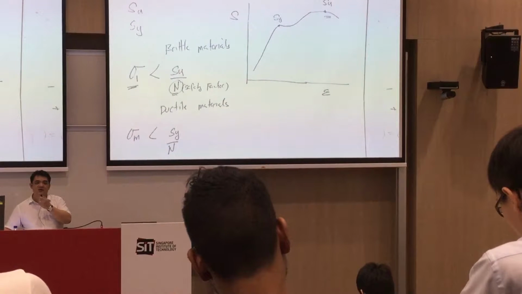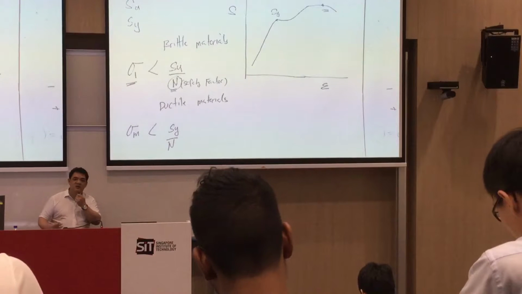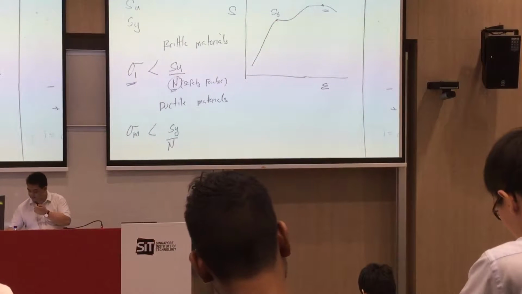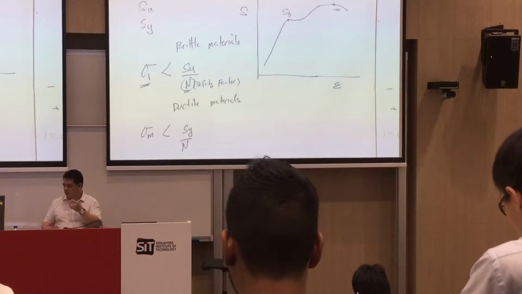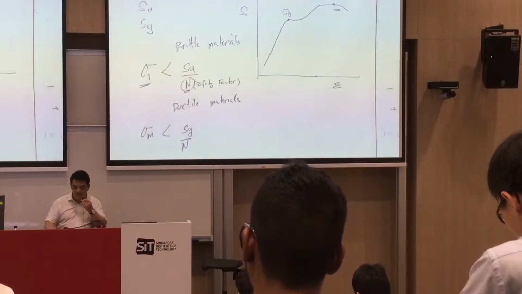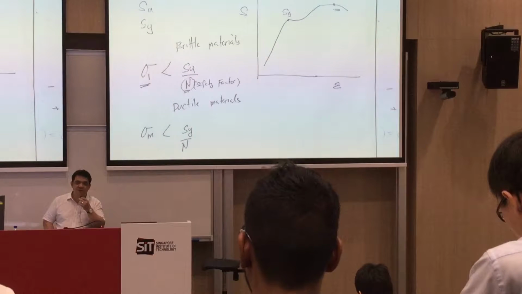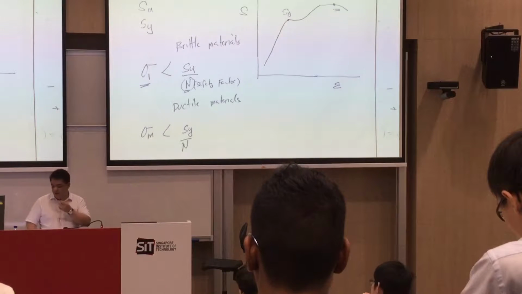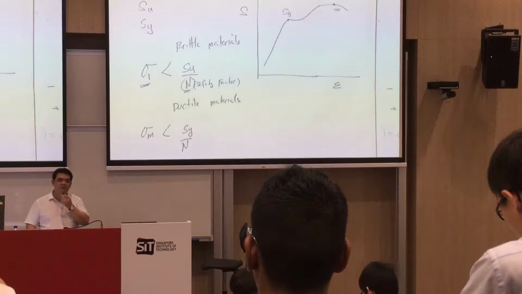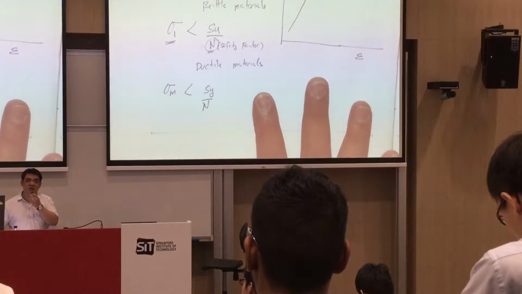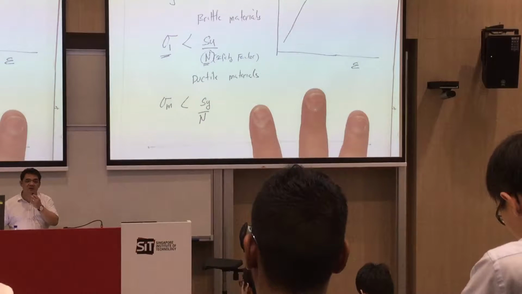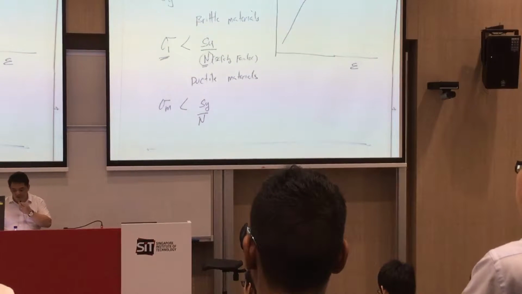Yeah? So these are your failure theories, static failure theories. So we have a lot of failure theories. I don't know if you have discussed the different failure theories in your mechanical design. So there are different types of failure theories: cracking, fatigue, static failure, or high displacements, or high yield, and so forth. So at the moment, the failure that we're looking at is just static failure. We haven't discussed fatigue yet, and that's a more complicated process.